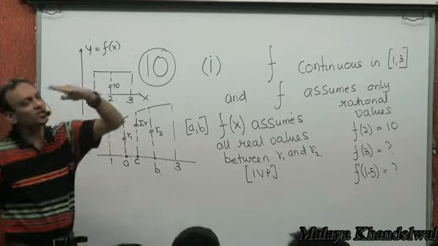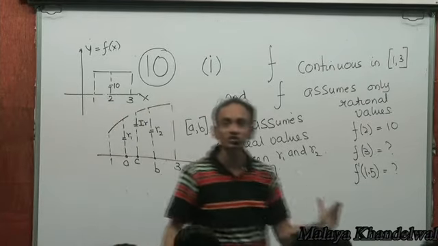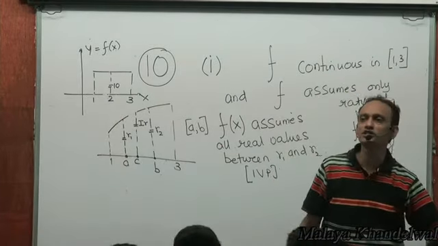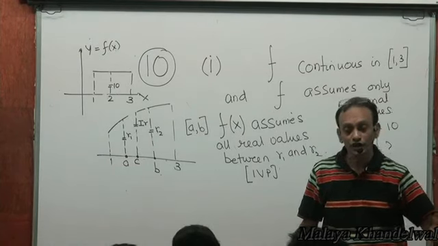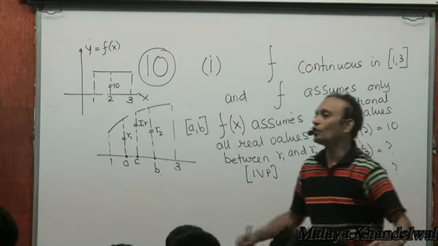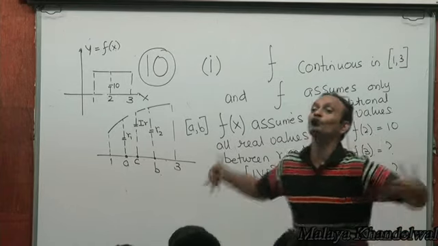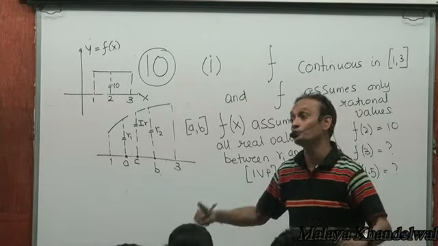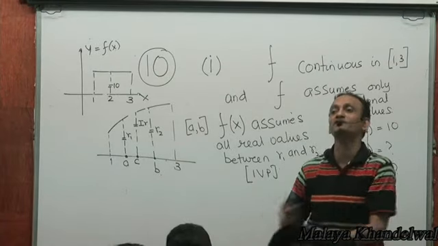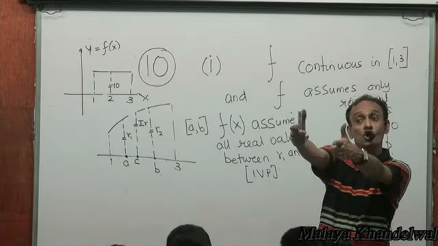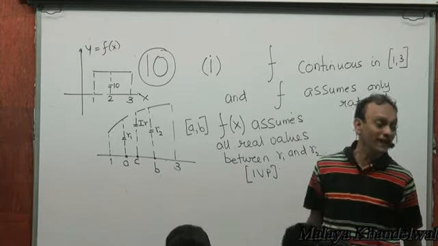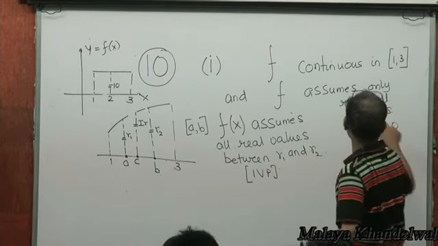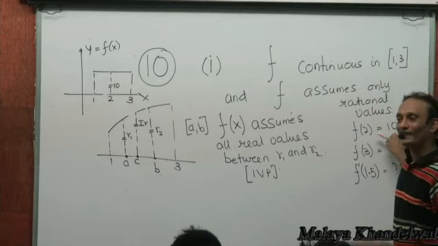If fx was a non-constant function and maintained continuity in the interval 1 to 3, then it cannot assume only rational or only irrational values. A continuous function can assume only rational or only irrational values in an interval, provided it's a constant function. So fx must be constant. Fx must be equal to 10 for all x.